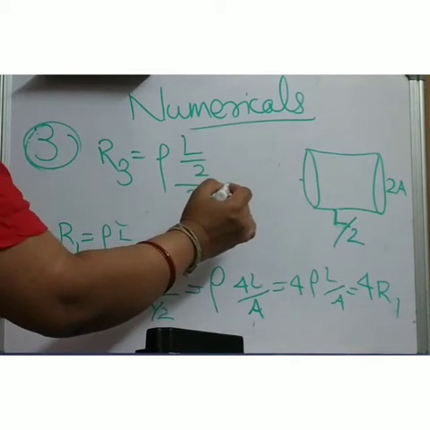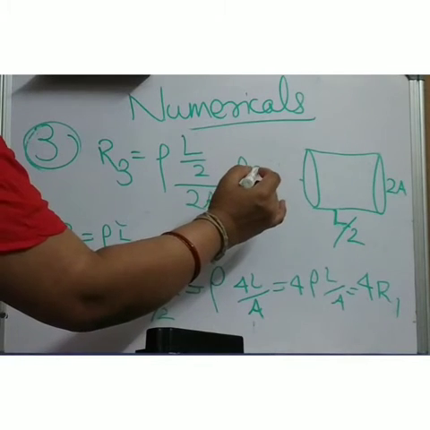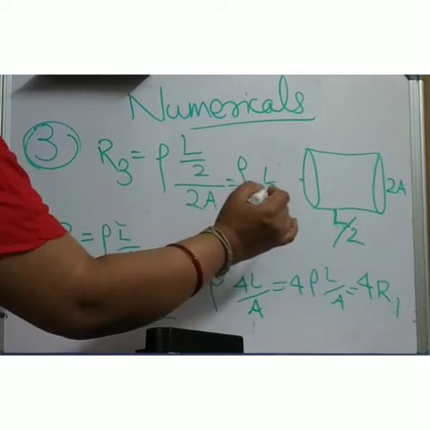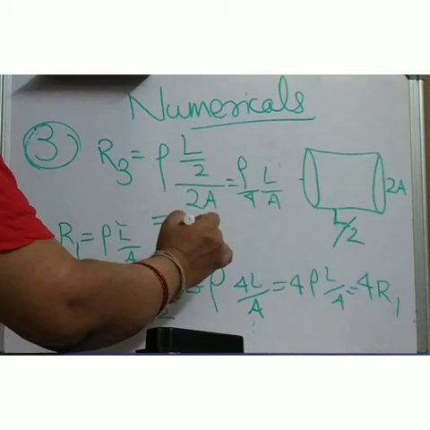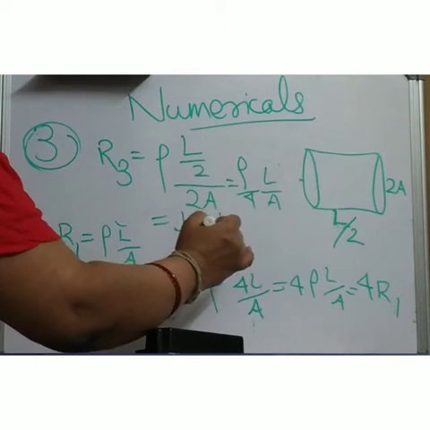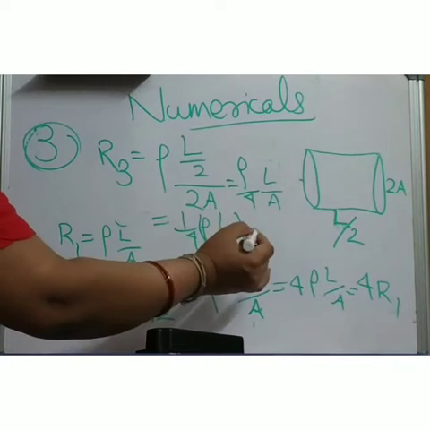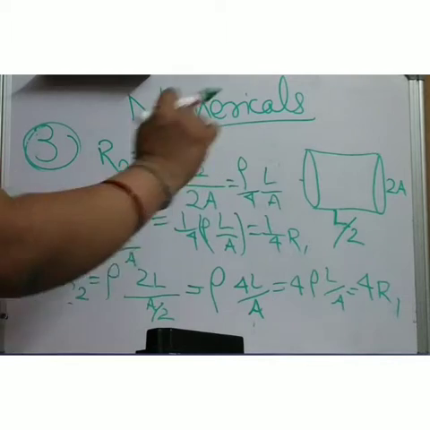So solve it. How much are you getting? 2, 2, 2. So it will be rho by 4 L by A. So you can write this as 1 by 4 of rho L by A. This rho L by A is R1, so this is 1 by 4 of R1.